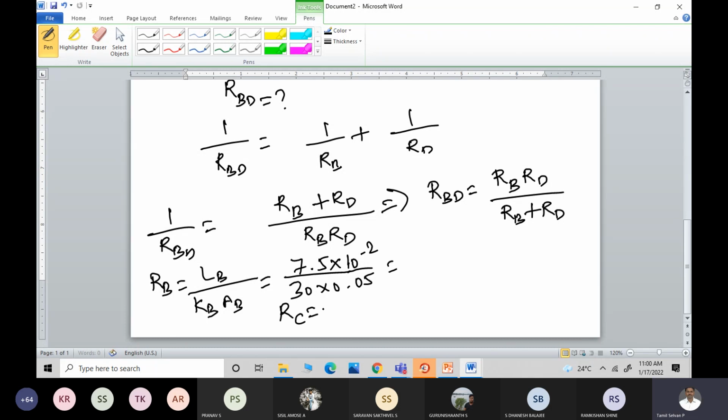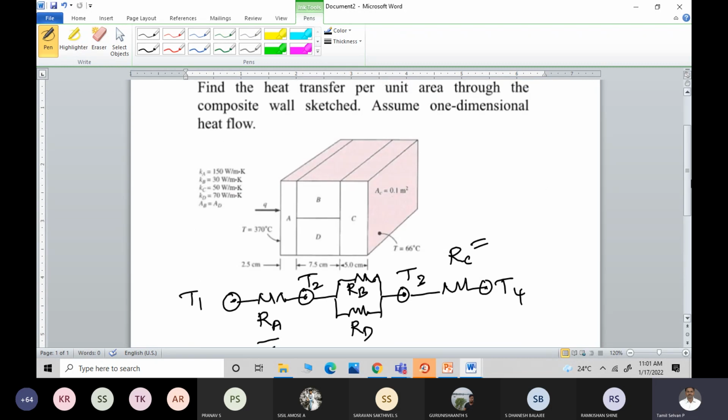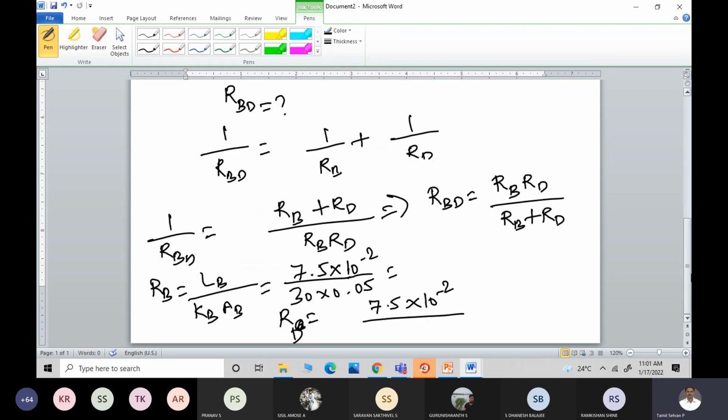Similarly, R suffix D, the resistance for D, is again 7.5 into 10 power minus 2 divided by the thermal conductivity of D, which is 70, into 0.05. So what are these values?